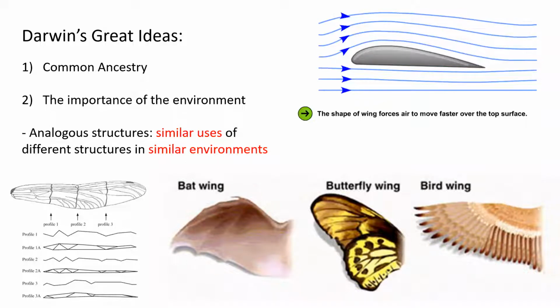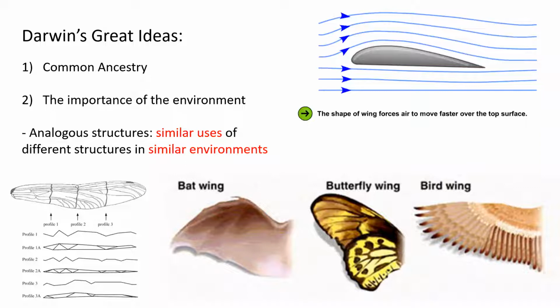And actually, if you take an insect's wing and you cut it in cross section, you see these veins that run the length of the wing. Those veins are out of plane with one another, so that the membrane bends where the veins are.